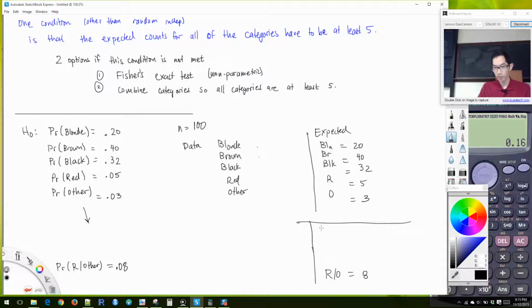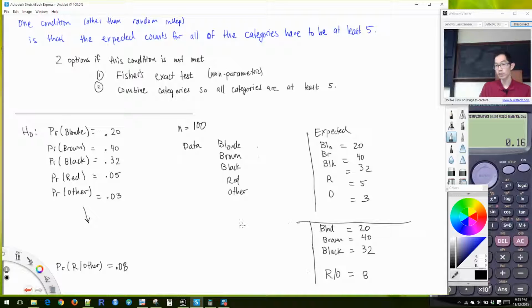So after you redo it, blonde, brown, black would all be the same as before, but now you have combined red and other together into one. How many degrees of freedom would we have in this test? 3.